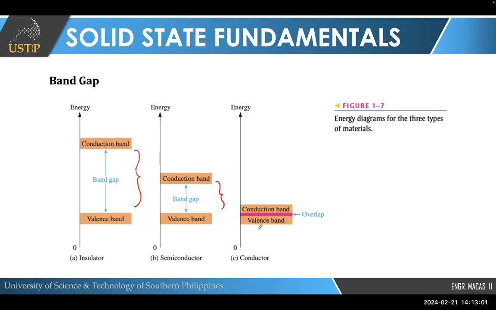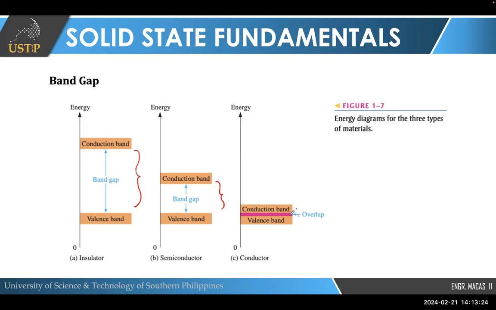For a conductor, you will have an overlapping of your valence band and conduction band, because conceptually a conductor is very easy to conduct. Just a small trigger and it conducts. Okay? So, these are the energy diagrams of the three types of materials.